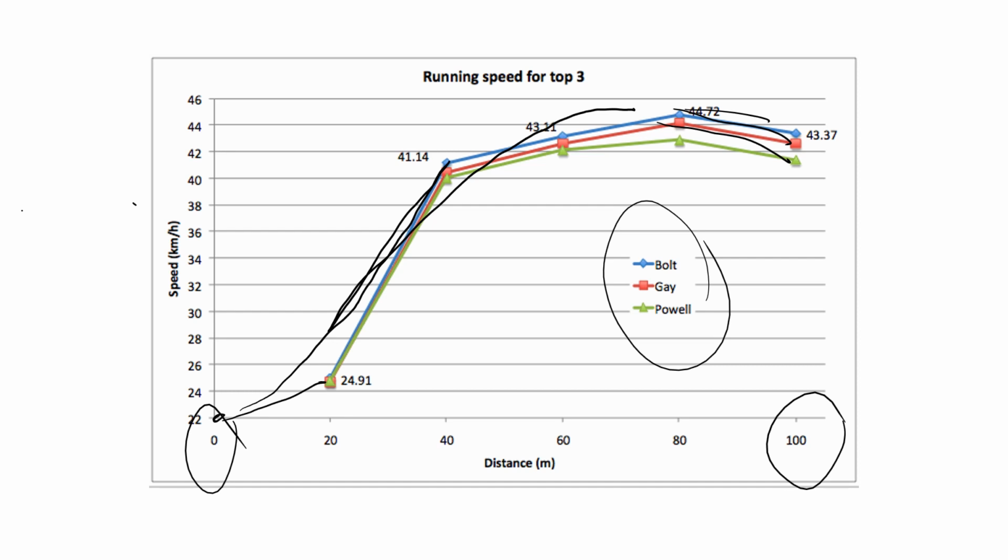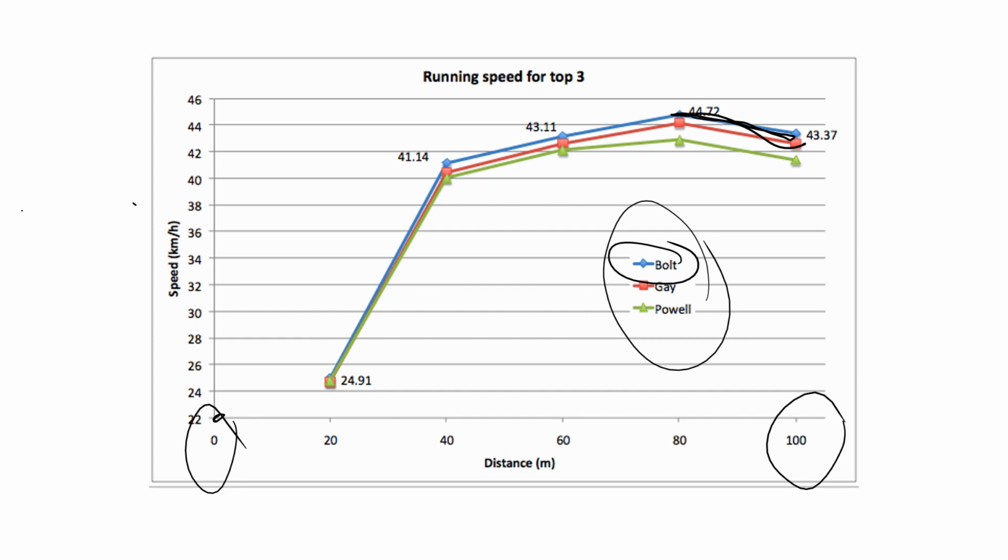This is Usain Bolt, who holds the world record for the 100-meter dash. And if you look, Usain Bolt, at the end of the 100-meter dash, he slows down. His velocity drops off. It's true for everybody that has ever lived. Why? Well, first of all, they must be fatiguing at the end of the race.